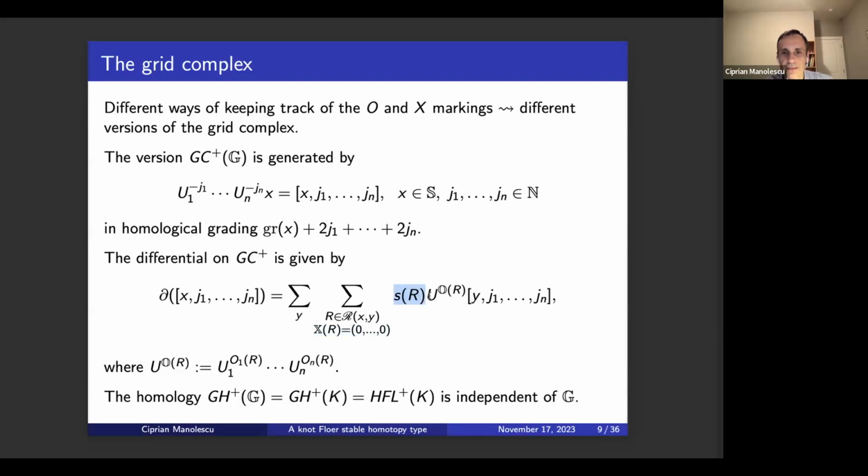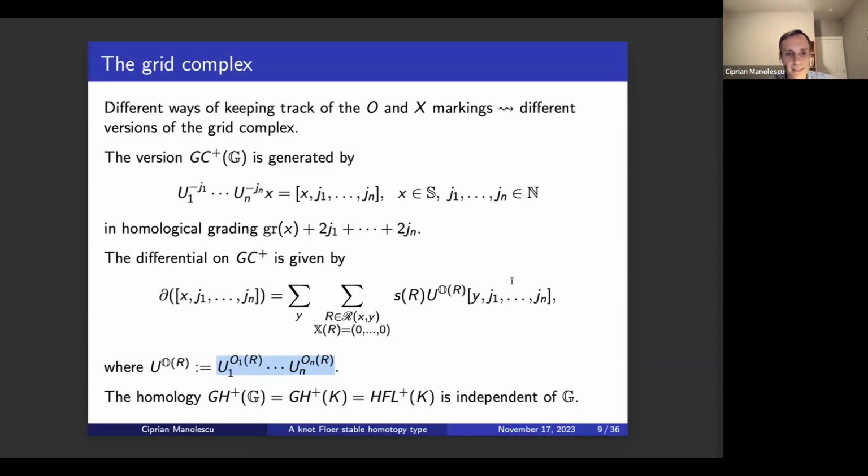This is plus or minus 1. And then we're putting a power of the u variables, namely this power. So u1 to how many instances of O1 are in the rectangle. It can be just 0 or 1. And similarly, you put a variable u for every time you see an O in the rectangle.